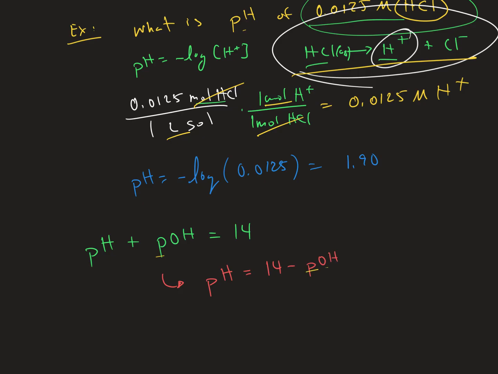Does that make sense in your mind? Or if we're starting at an acid and we want to go to base, pOH is equal to 14 minus the pH. Sometimes we do that if we want to find the concentration of our base, right?